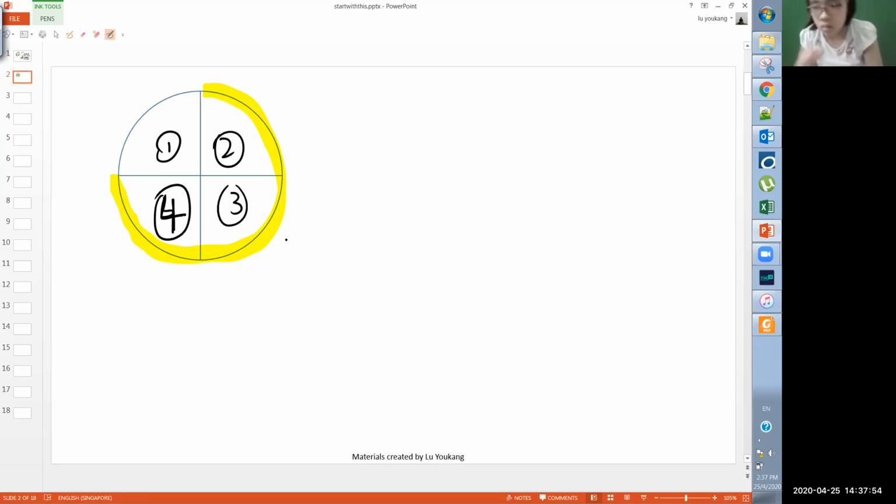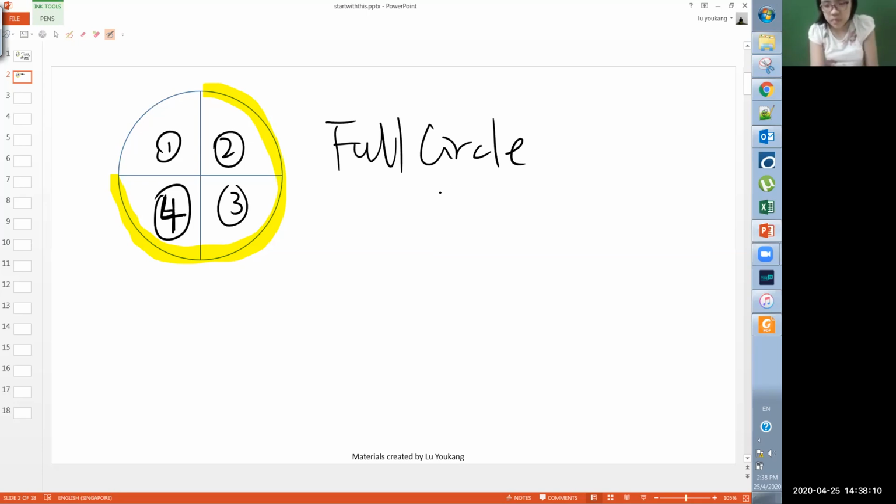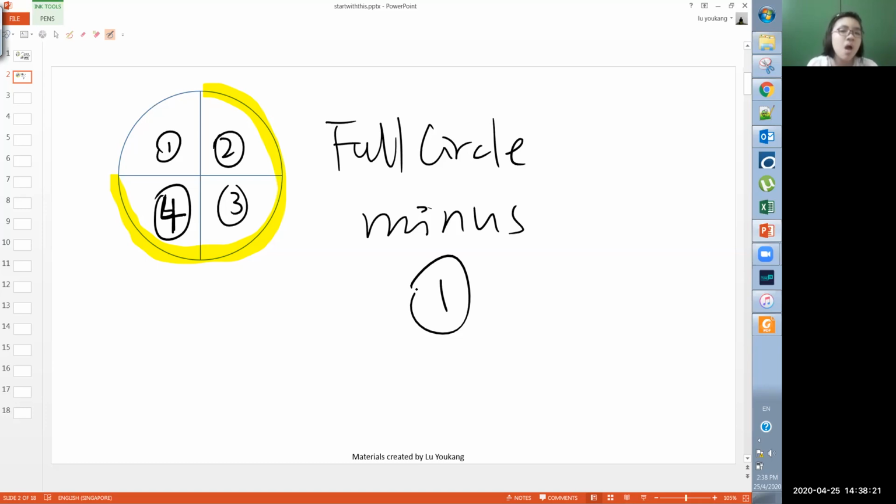So how do you find the yellow color? You need to take the full circle and then minus 5.5. Very good. In this case, it's not 5.5, so you minus the 1. Okay.